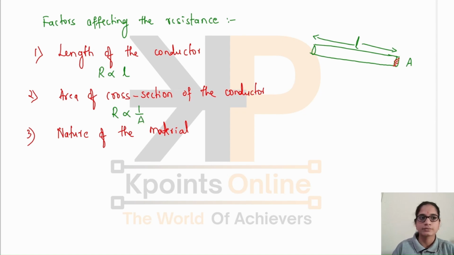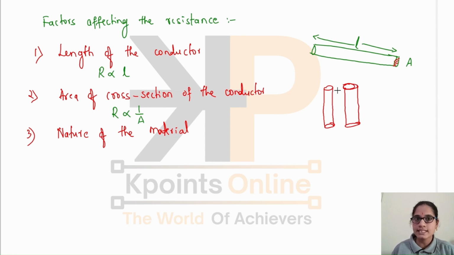Suppose we have taken wires of the same length having different cross-sectional area. Now, the resistance offered by this wire is more when compared to the resistance offered by this wire, because this one has more area of cross section and it will offer less resistance and allow more current to pass through it.